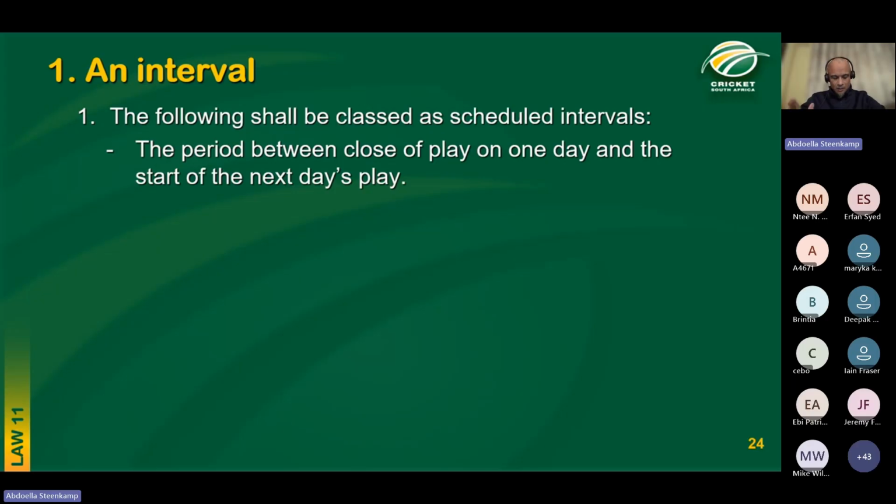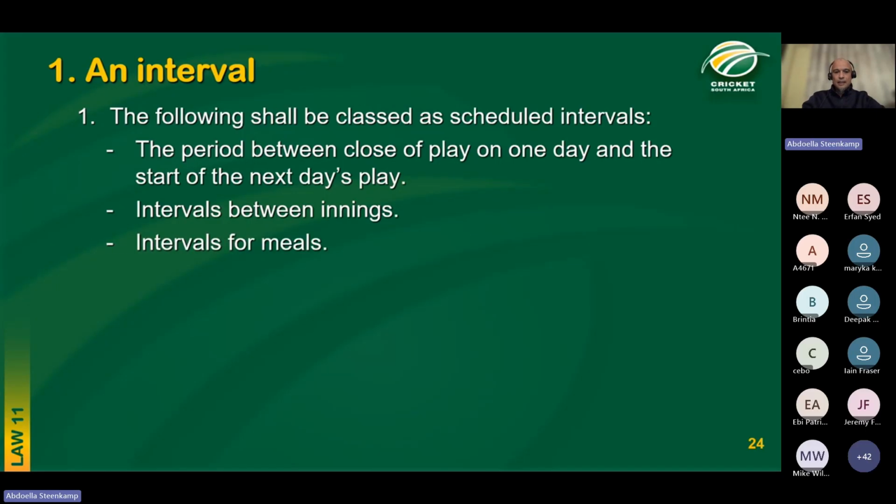That period between 5 o'clock on day 1 and 10 o'clock on day 2 is seen as a scheduled interval. Interval between innings, scheduled interval. Your interval for meals, which is your tea and your lunch, scheduled interval. Interval for drinks as well, scheduled. And lastly, any other agreed interval.